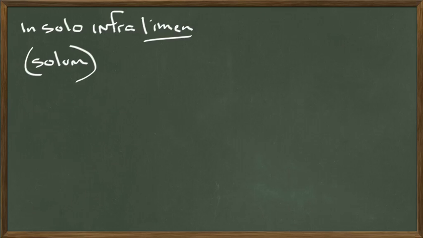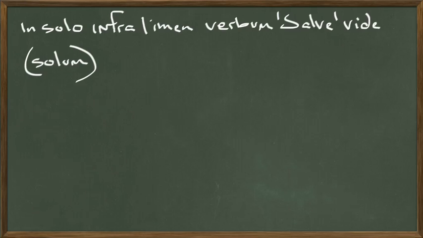In solo, infra limen. And then we have verbum, the word salve, verbum salve, and then I'll need some more space. Actually, let's go with is seen, which is what a lot of my students use, videtur. Okay, and then we're done. In solo, infra limen, verbum salve videtur.